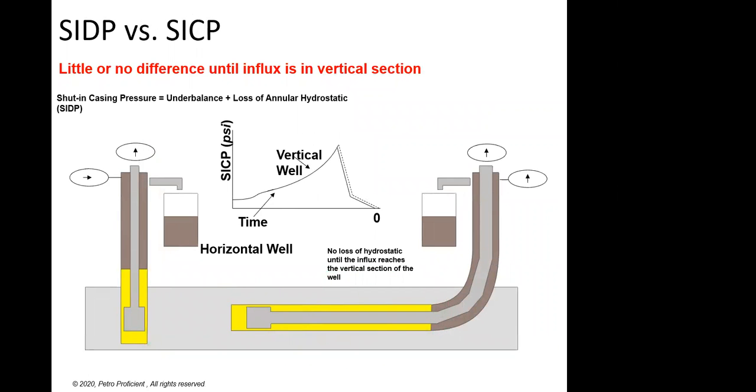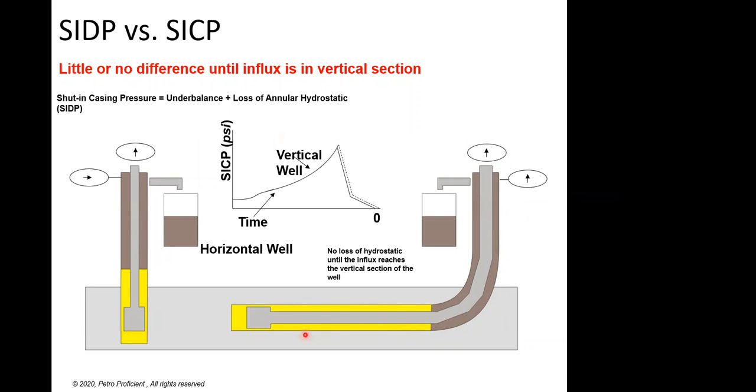So here again in the schematic, the yellow part represents a gas influx. What we're comparing here is a horizontal well versus a vertical well. Now, in the horizontal well, as you can see here, your shut-in casing pressure and shut-in drill pipe pressure do not show any difference, because most of the calculations are based on TVD.